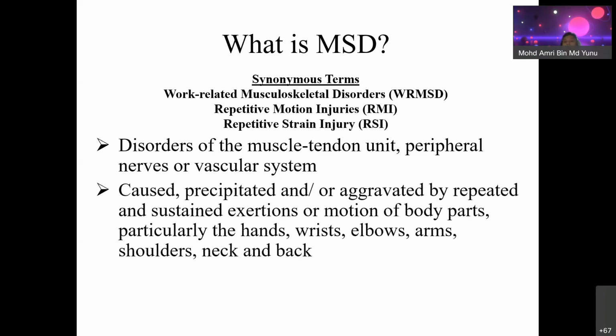So one cause of this MSD, the keyword is repetition and force. I mean, repetition and sustained exertion. So it means that you do something again and again, or motion.